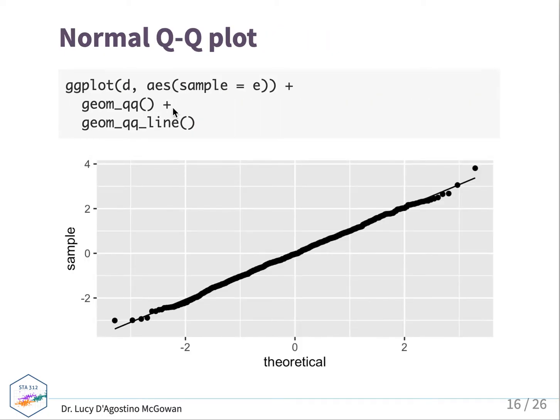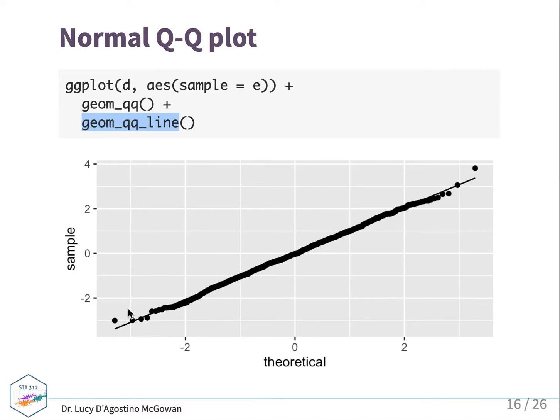Okay, so using that code, remember that we need to have sample equals e, because that's just what the QQ functions require, that you use the sample parameter there. And then I do my geom_qq to draw the dots and my geom_qq_line to draw the reference line. And so this is what a very, very good QQ plot looks like, where essentially these points fall right on the line.